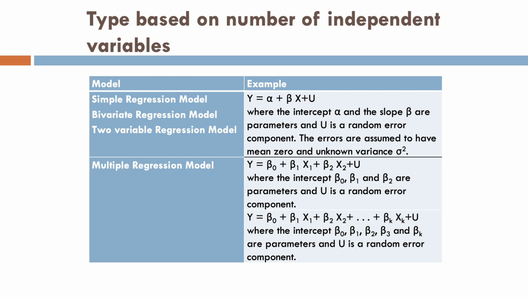The generalized model of multiple linear regression model can be represented as y is equal to beta 0 plus beta 1 x1 plus beta 2 x2 etc. plus beta k xk plus u, where beta i's are parameters and xi's are independent variables.